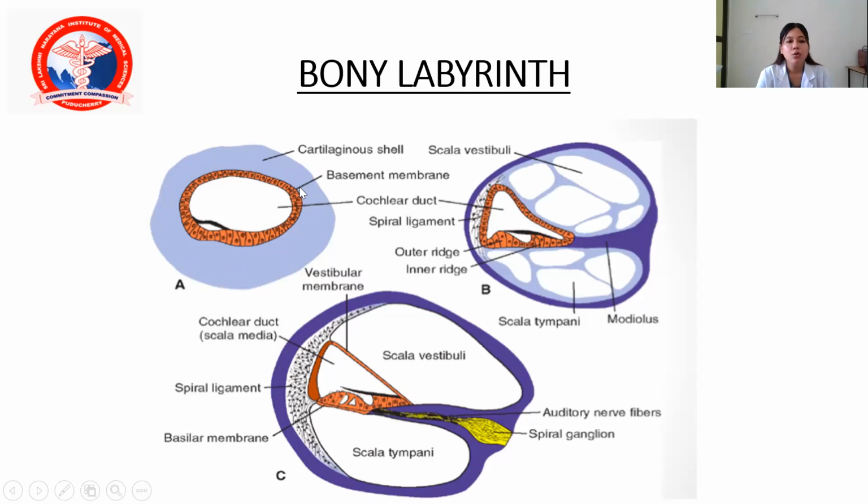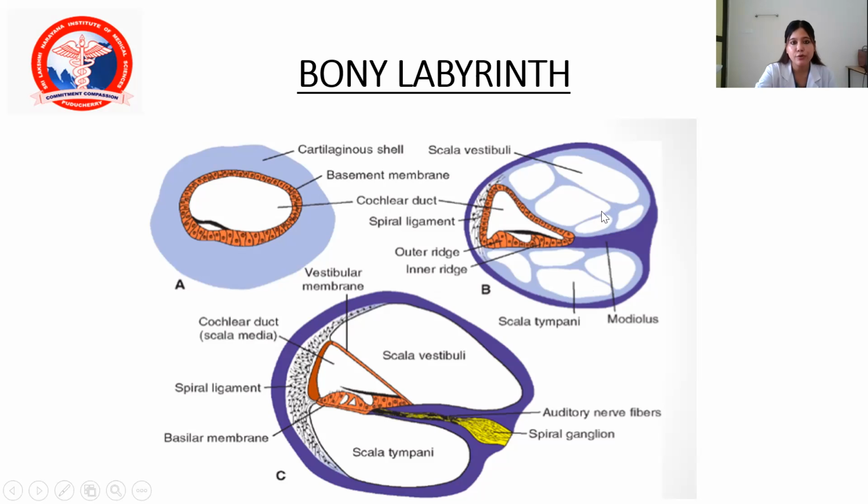The otic vesicle induces the surrounding mesenchymal cells to condense, and it forms the otic capsule. Now, surrounding this, we can see some spaces.